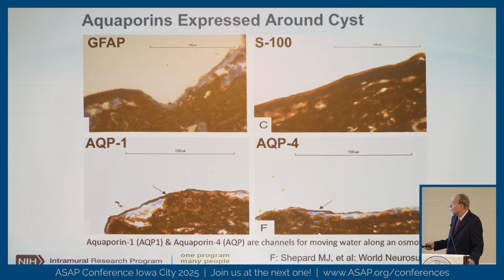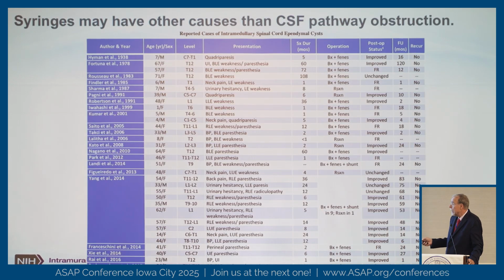I had aquaporin, which is one of the molecules for transporting water. And the prognosis in the literature is unbelievable for this condition. I mean, you look at how many, there's no recurrences. So if you have one of these, opening it and draining it has a very good prognosis.